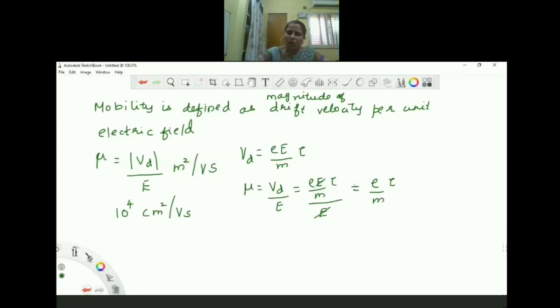Now we are going to see a very important topic, which is whether this Ohm's law is always applicable, or will hold good for all the materials, or whether there are any materials which do not obey Ohm's law.